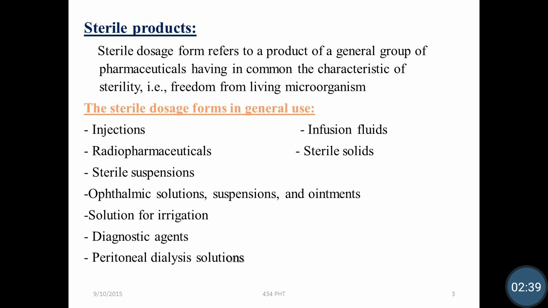Again, solutions for irrigation, then diagnostic agents, peritoneal dialysis solutions, infusion fluids, and the sterile solids. First I have told you what is meant by sterile: formulations which are completely free from all types of microorganisms, foreign particles, and pyrogens are known as sterile formulations.